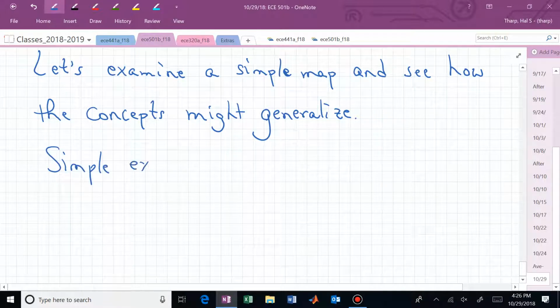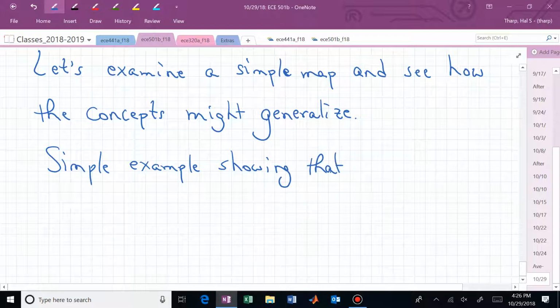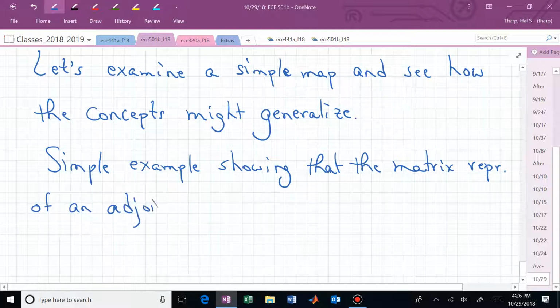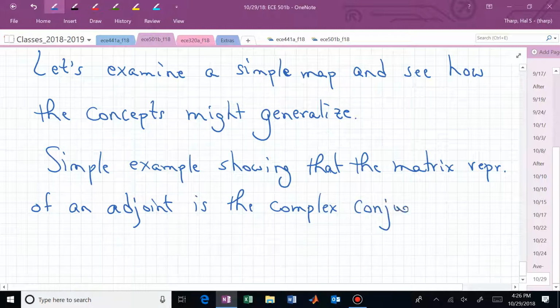Here we're going to have a simple example showing that the matrix representation of an adjoint is the complex conjugate transpose. So I'm giving you the answer in the back of the book.